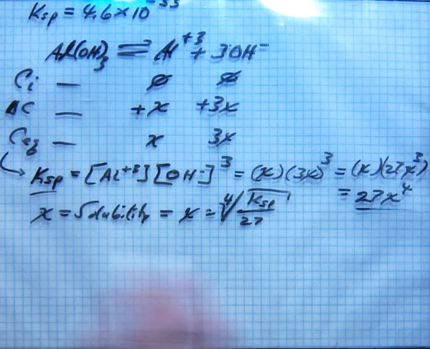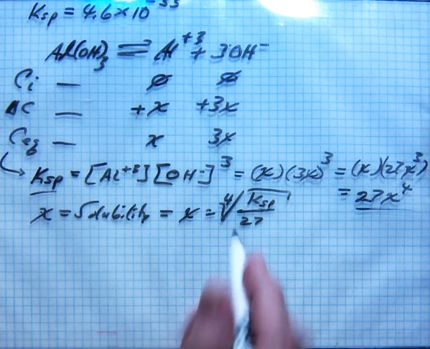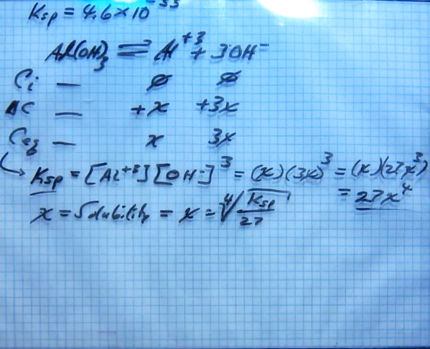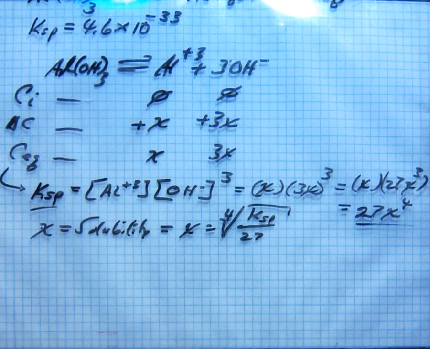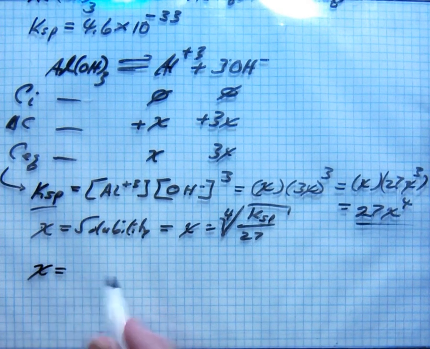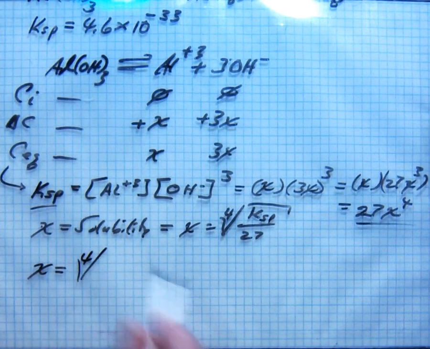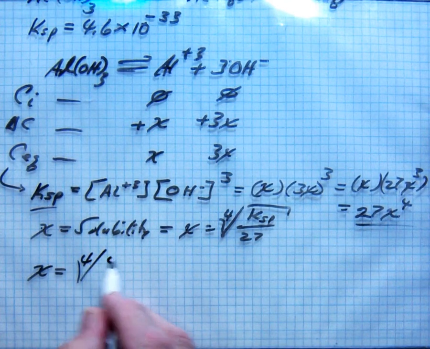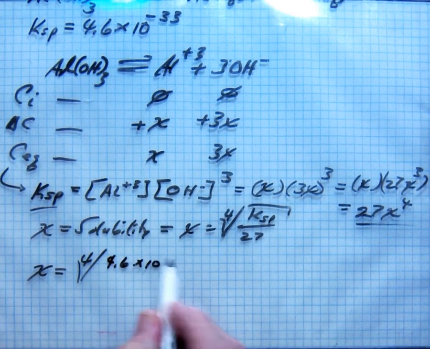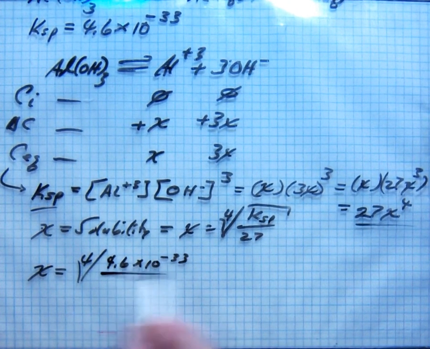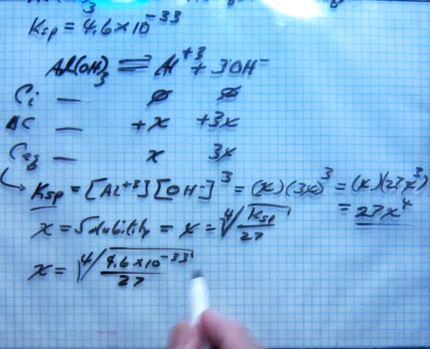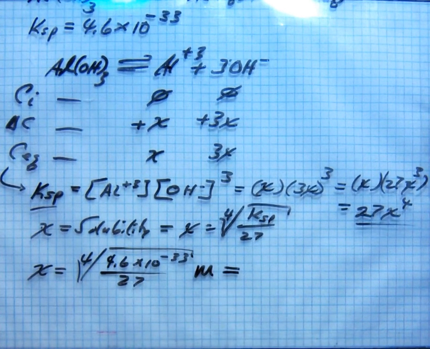So we want to find the solubility of aluminum hydroxide based on the KSP number given as 4.6 times 10 to the minus 33. You substitute to get X, and we have the fourth root of 4.6 times 10 to the minus 33 over 27. It comes out in moles per liter.